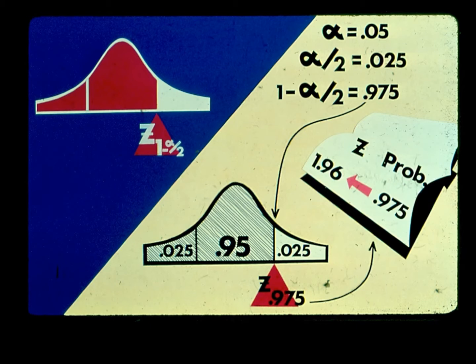So the point on the z-curve to be looked up in the table is 0.975. The resulting multiplier found in the table is 1.96. Notice from the illustration that z sub 0.975 is one of the two middle 95 percentage points of the z distribution. That is the one in the upper tail.